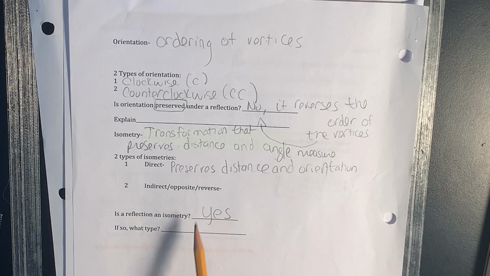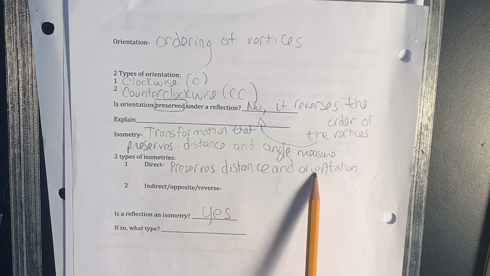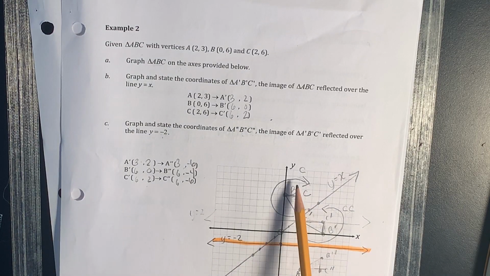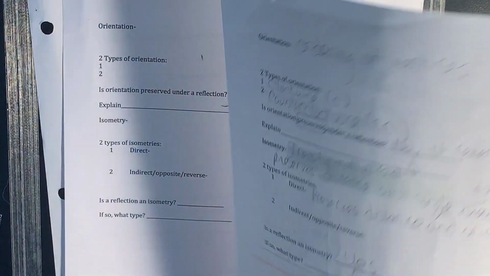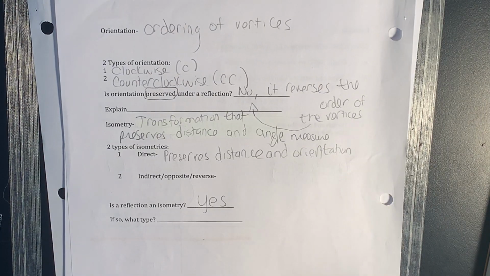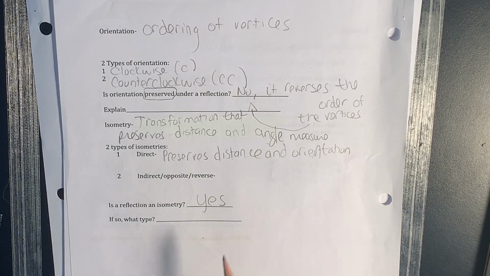So my question, was distance preserved? It sure was. Was the orientation preserved? No, it changed. Remember, we went from clockwise to counterclockwise. So I would not say that, in fact, a reflection is direct because orientation is not preserved.